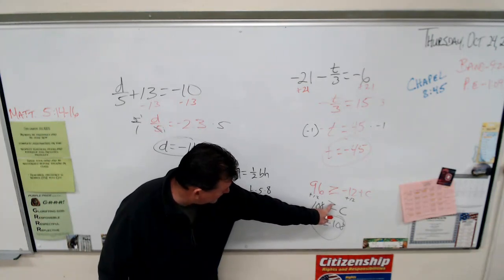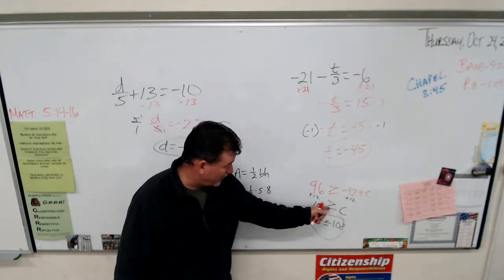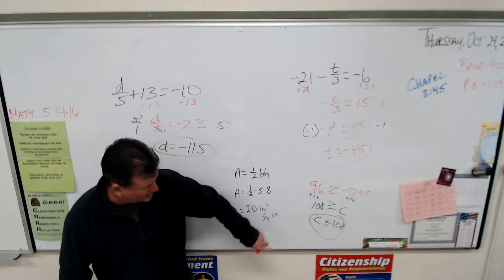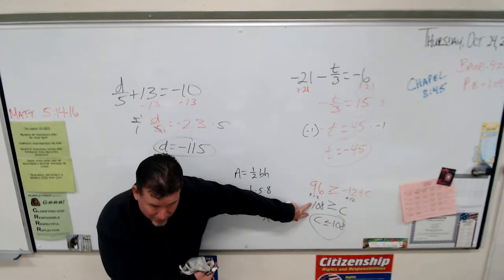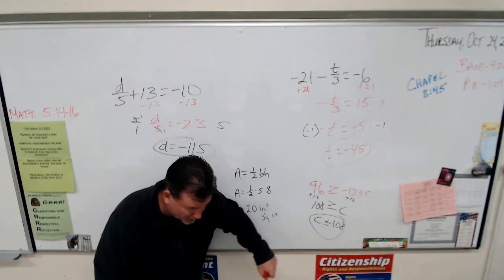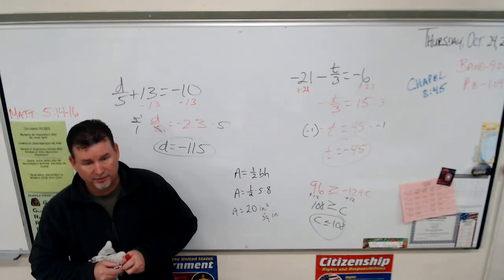See that? C is less than or equal to 108. That's the same thing as 108 is greater than or equal to C, but I want to know what C is, so I rewrote it like that. You see these two? I need you to see they're the exact same thing. See the less than or equal to pointing towards C? C is less than or equal to 108. Does it fit?